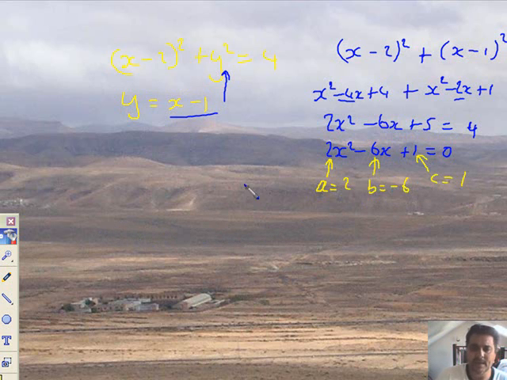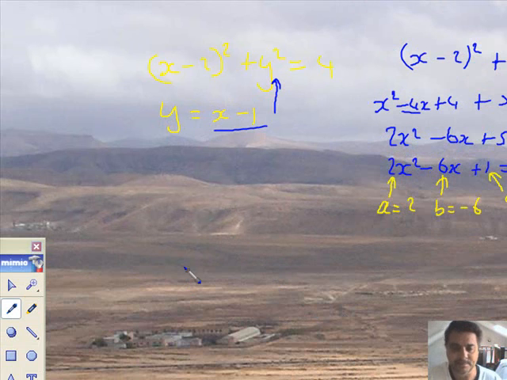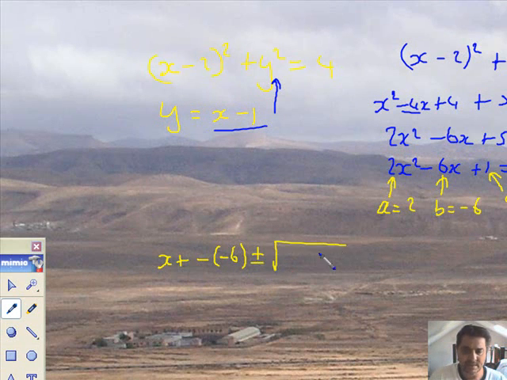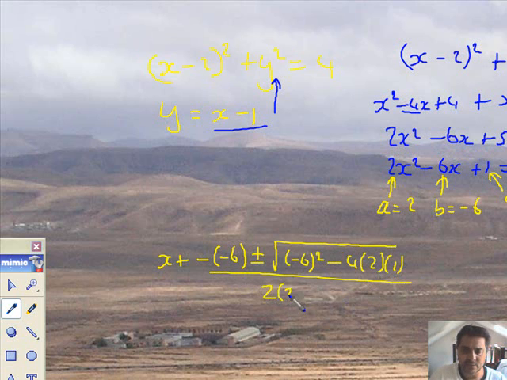So let's set up quickly, and we really are playing with x's this time. So here we go. I've got x equals minus b, which is minus 6, plus or minus the square root of b squared, which is minus 6 squared, minus 4a times c, divide all that by 2a. That gives me 2 answers, and then I get my 2 y's as well.